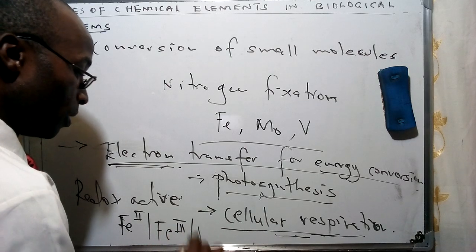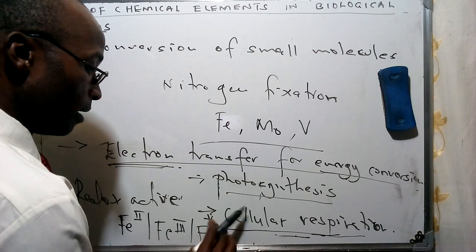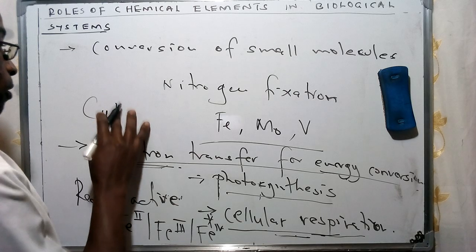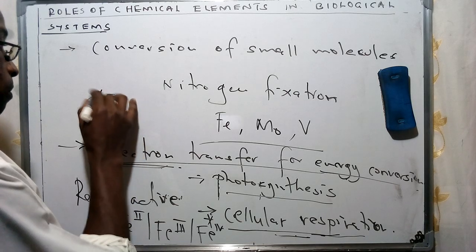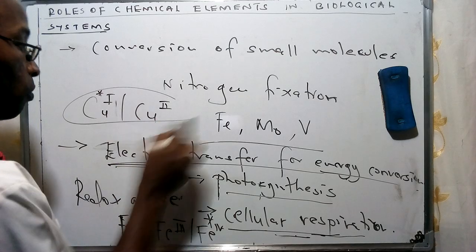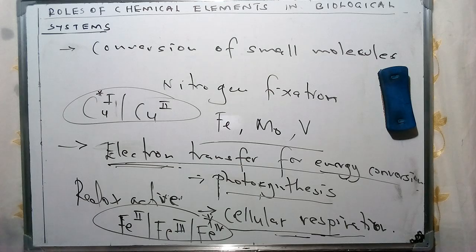And in a particular case, we had mentioned iron 4. And of course, we're also going to have these specific oxidation states for copper, copper 1 and copper 2, which are going to be involved in this specific process of electron transfer for energy conversion, which we can give in terms of an example.